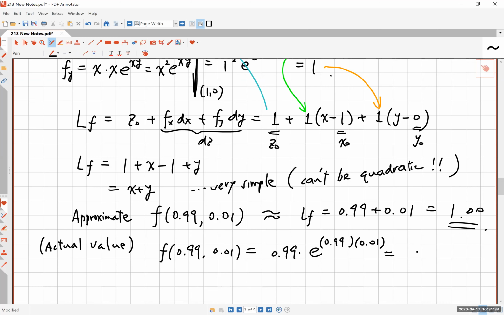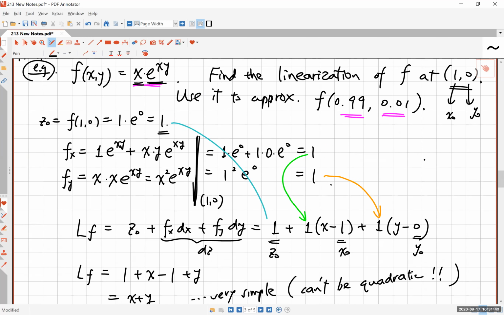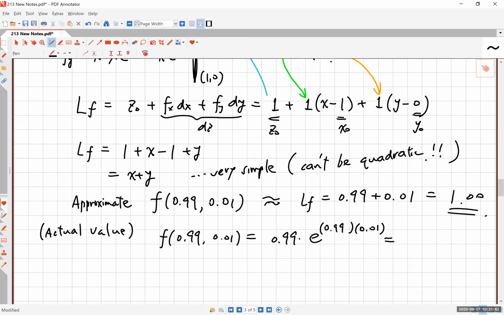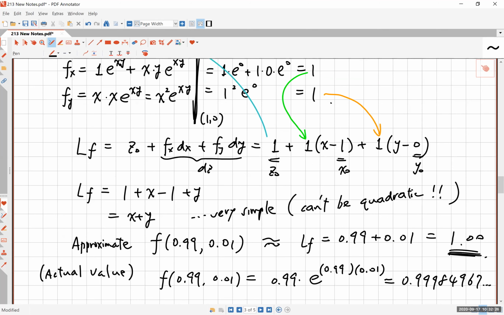And you can calculate this if you like, and the answer turns out to be 0.999849671. So you can see that we were very close to the actual value because we used a linear approximation correctly. Okay, so this is how you can come up with this.